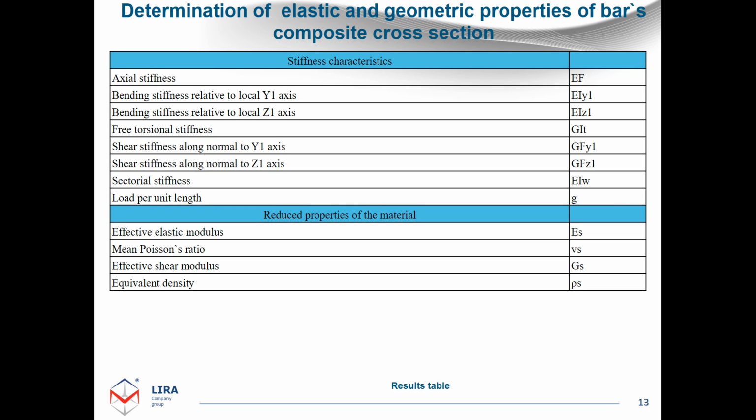Besides that, integral stiffness characteristics and reduced material properties are obtained, as well as those characteristics that are directly involved in strength analysis. Effective elastic modulus, mean Poisson's ratio, effective shear modulus, and equivalent density are also calculated.